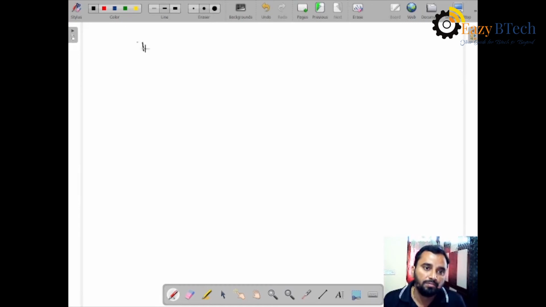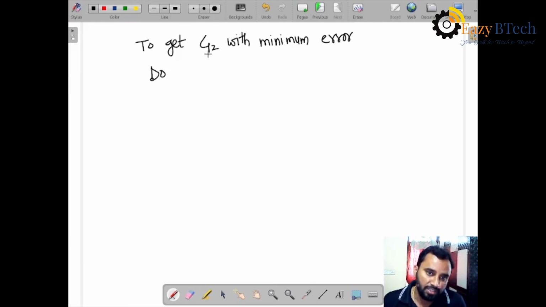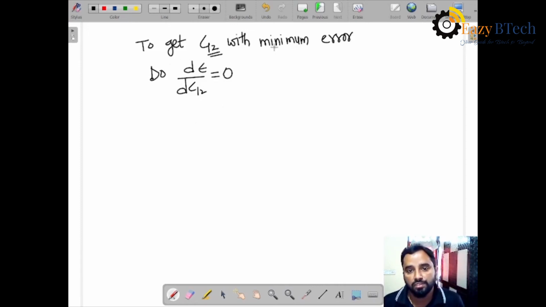So to obtain c12 with minimum error, do this: differentiate the mean square error with respect to c12, that is d by dc12 of mean square error, and equate to 0. In this process we get the c12 with minimum error.